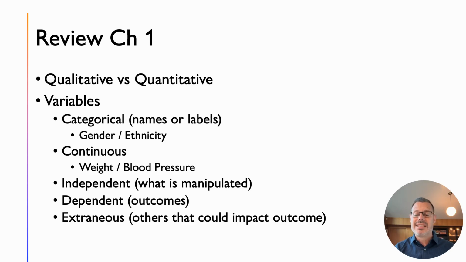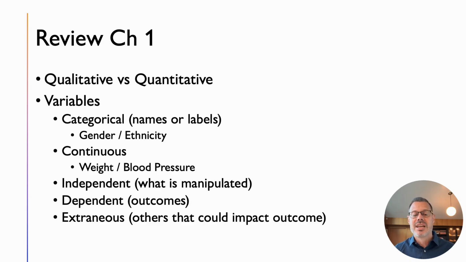So in that idea of an experimental research study that involves vitamin D and heart disease, what are the other extraneous variables that could impact heart disease? You should be thinking about things like weight, stress level, diet, smoking, lifestyle.